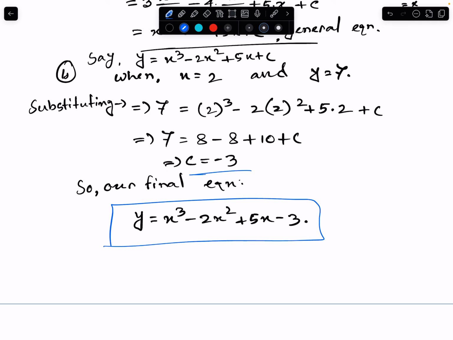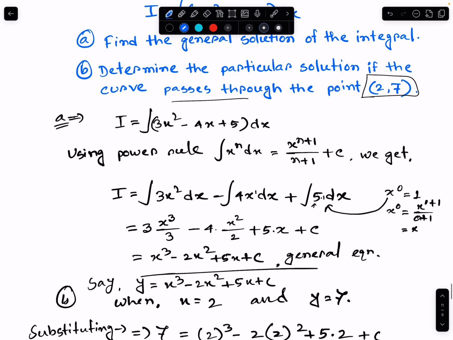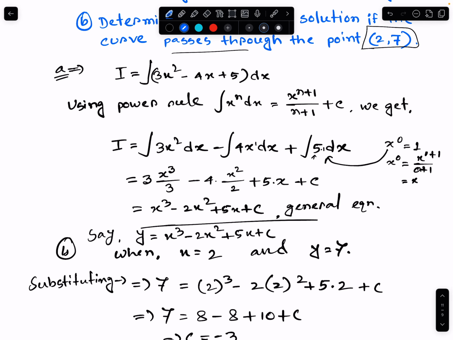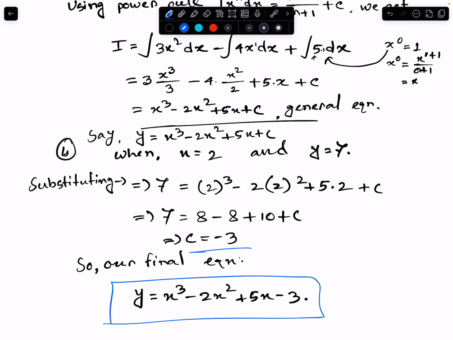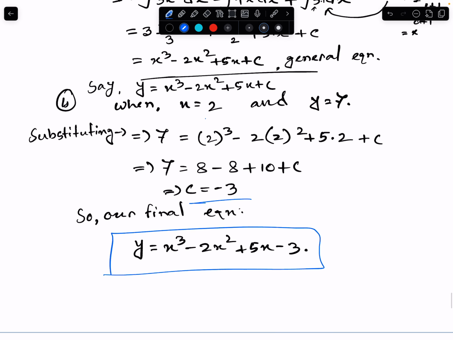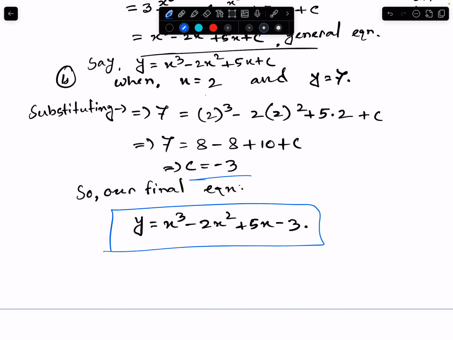We found the general integral as x cubed minus 2x squared plus 5x plus c for question A. And for question B, we used the point 2, 7 in the equation, and we found c equal to minus 3, and we put it in the equation. So our final equation is this.